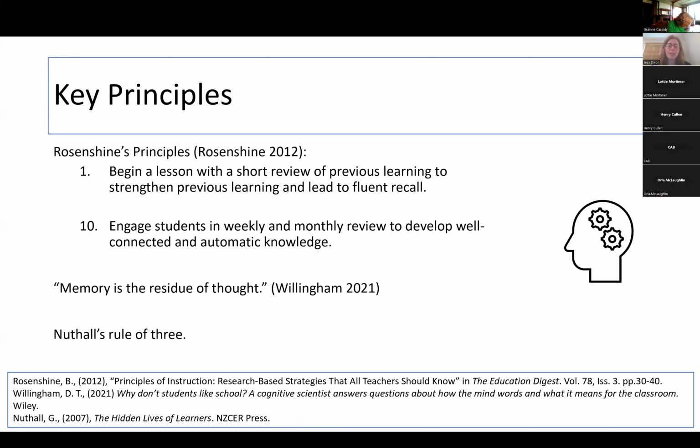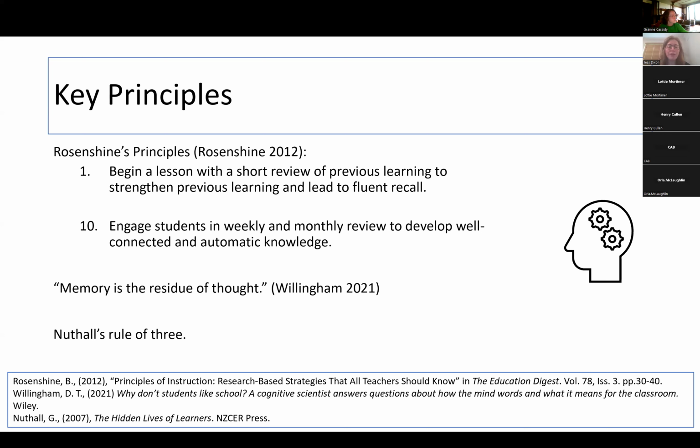The first was beginning a lesson with a short review of previous learning, to strengthen prior knowledge and link what you're doing to that prior knowledge, making it fluent. And his 10th principle was to engage in weekly and monthly review so that knowledge can become automatic, so that we can build bigger knowledge structures on which to base our knowledge, and so that retrieval becomes much more fluid.